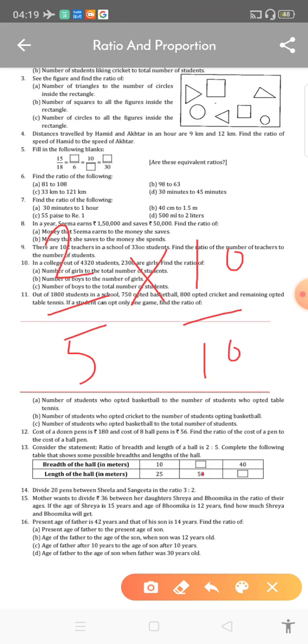So in the first bracket we write 20. Okay, now here this is 40 and a blank space.